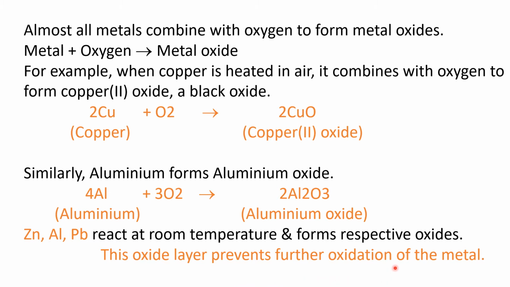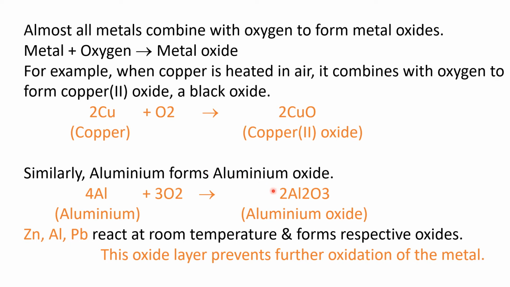So the generalized property observed of metals is that metals, when they combine with oxygen, form metallic oxides. Note down, children, metals when they combine with oxygen form metallic oxides. For example, copper with oxygen forms cupric oxide, and aluminium with oxygen forms aluminium oxide.